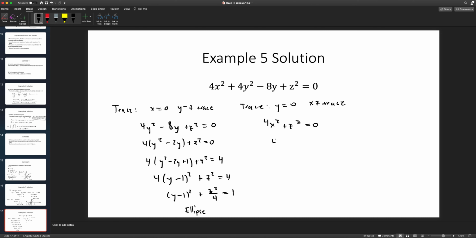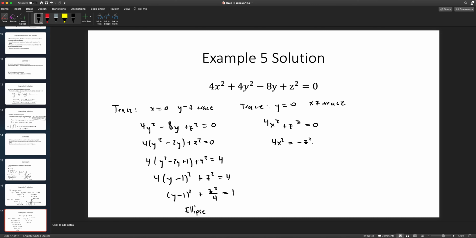You have 4x squared is equal to negative z squared. Okay, and so we just get a relationship here between 4x squared and negative z squared.